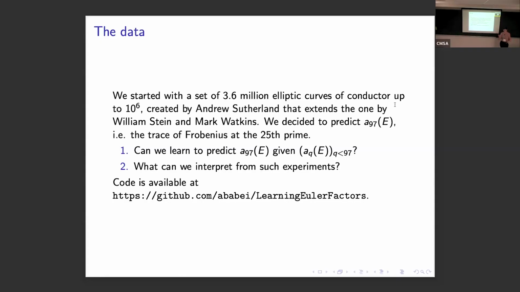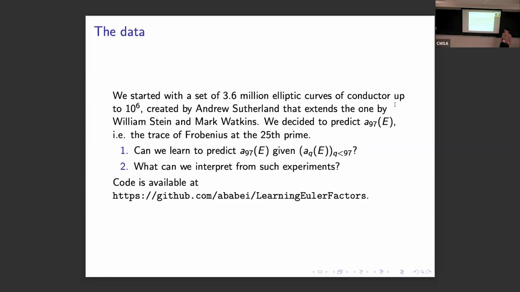Now, this is a fairly curated talk. The process, as you know, is never really linear. We actually tried something else first, and then went on to try to predict the exact value a_97. We did a few other experiments earlier on.